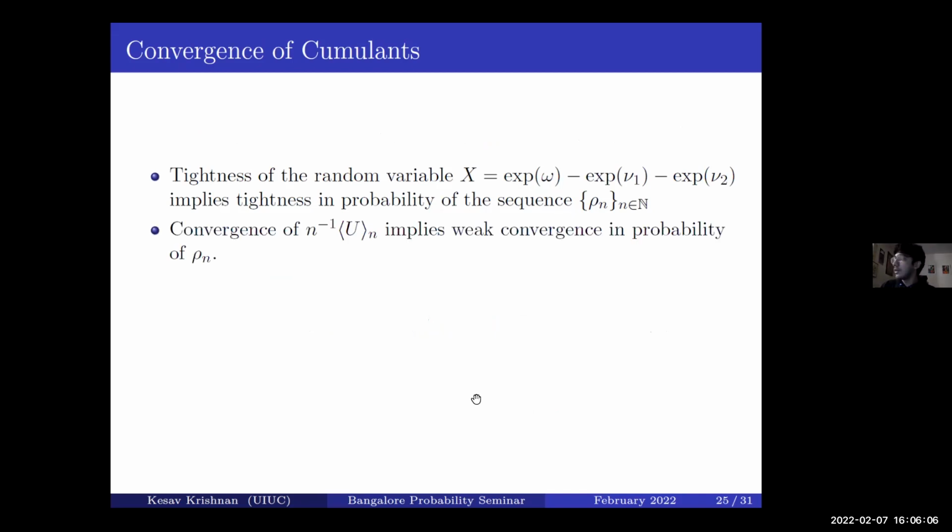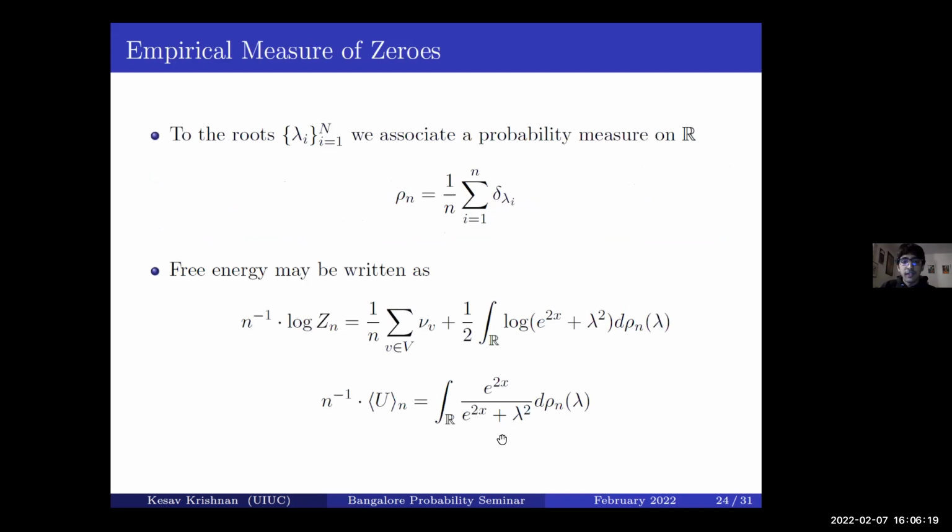The convergence of the average number of unpaired vertices actually implies weak convergence in probability of this sequence of measures. The reason is, if you look at this integral, it's oddly similar to the Stieltjes transform, and we know that a Stieltjes transform determines the measure. In fact, it is a Stieltjes transform, except that the lambda is squared.